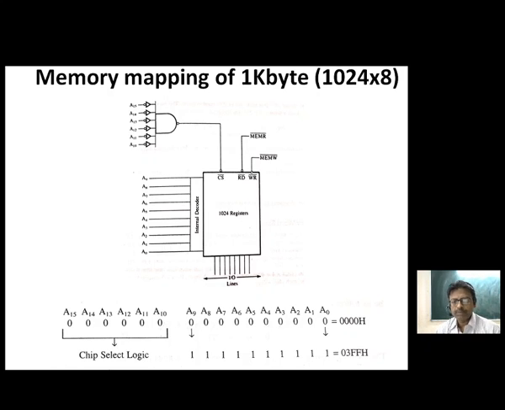If there is a memory chip which is having 256 registers, then in that case the configuration of that memory will be represented as 256 into 8. Now various sizes of chips are available.